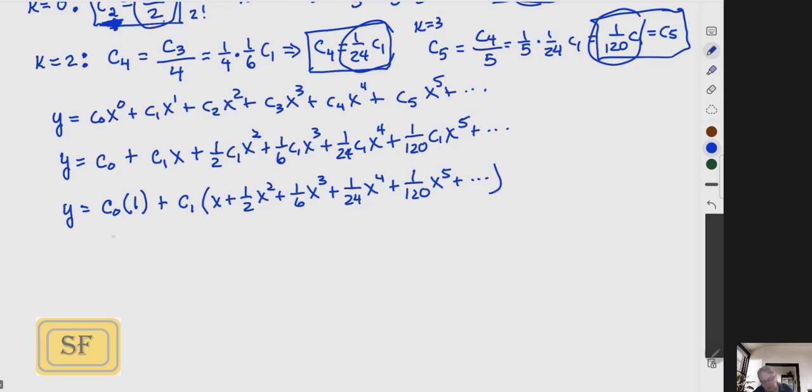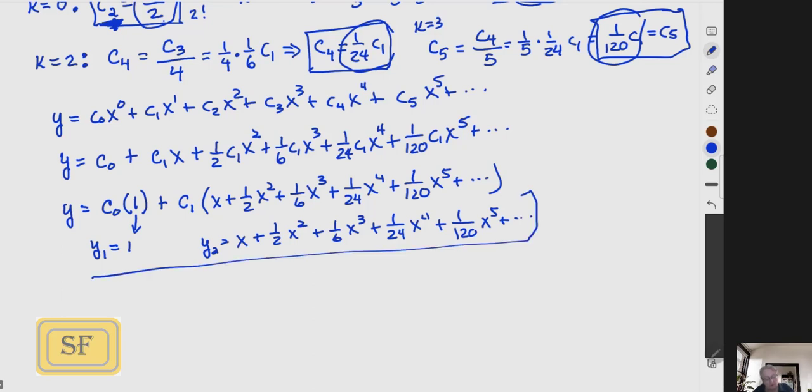So here's my y1 is just 1, and my y2 is everything that I have inside parentheses here multiplied by C1. X plus 1/2 x squared plus 1/6 x to the third plus 1 over 24 x to the fourth plus 1 over 120 x to the fifth, and then plus, and I'll continue that on.